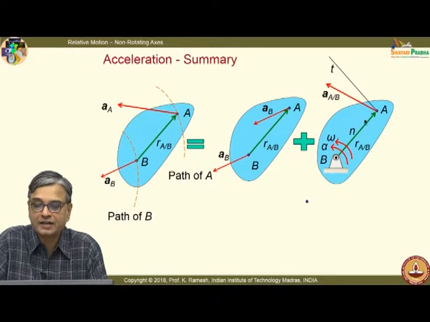So, I have relative acceleration AAB. This has two components. Okay.